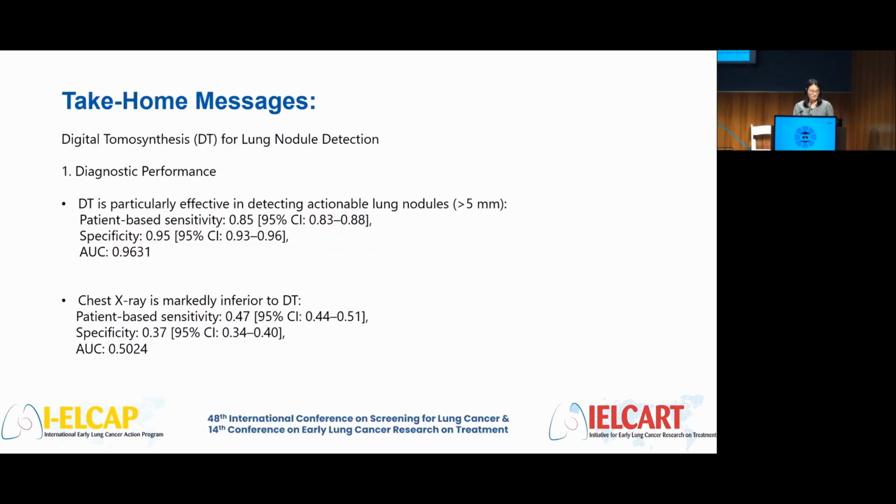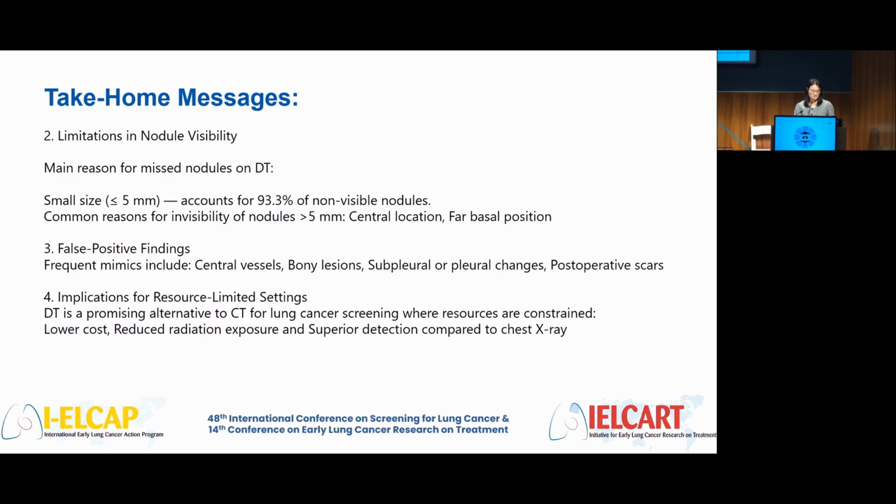So my take-home message: for lung nodule detection, the diagnostic performance of digital tomosynthesis is effective in detecting actionable lung nodules larger than 5 millimeter, and chest X-ray is markedly inferior to digital tomosynthesis.